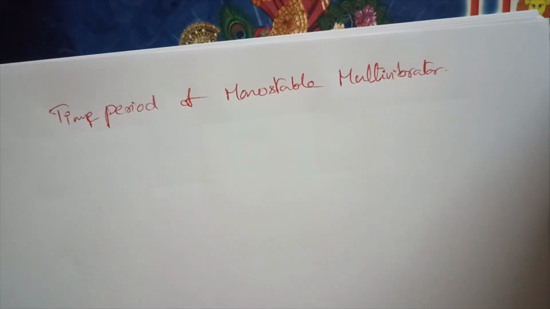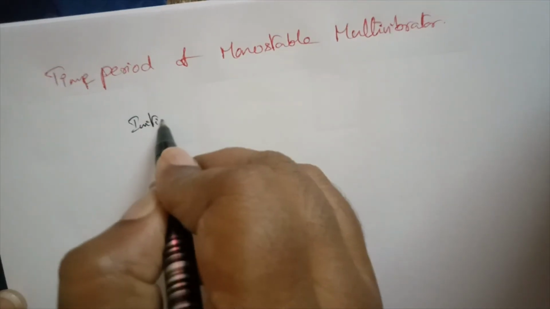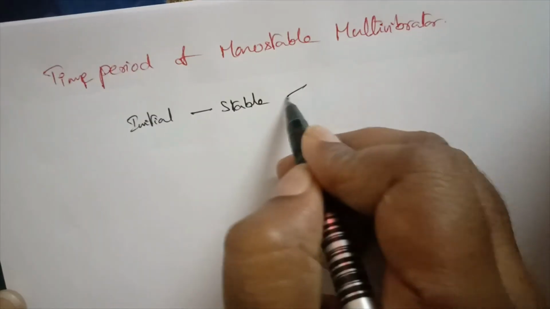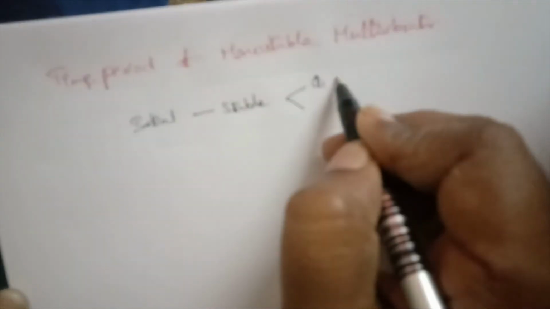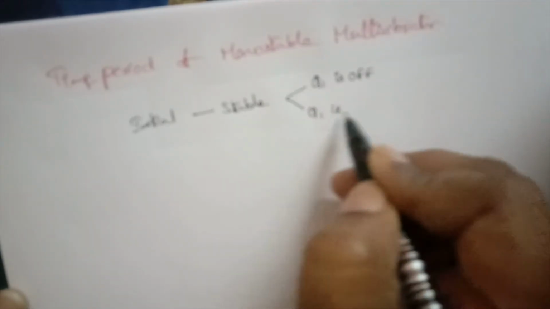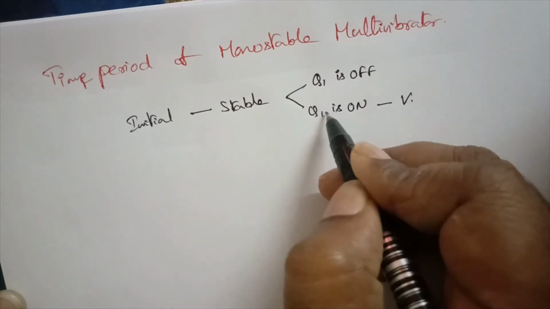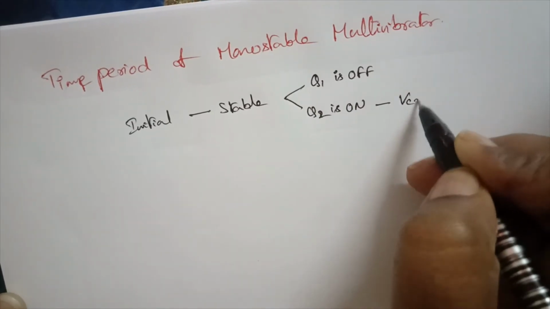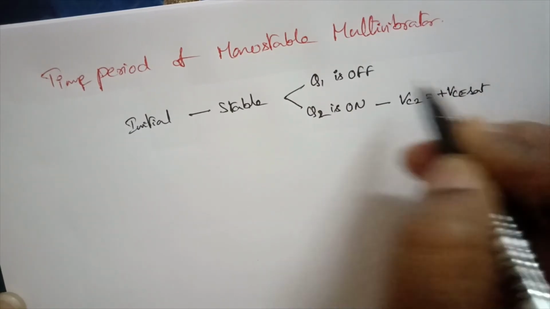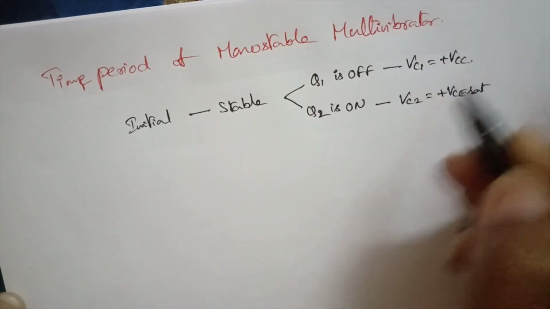To derive this, once again recall the waveforms. Initially the multivibrator is in the stable state, that means Q1 is off and Q2 is on, so the VC2 value is VCE sat, and Q1 is off, therefore the VC1 value is plus VCC.